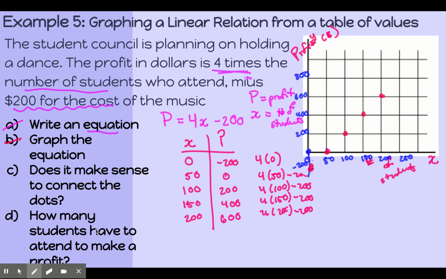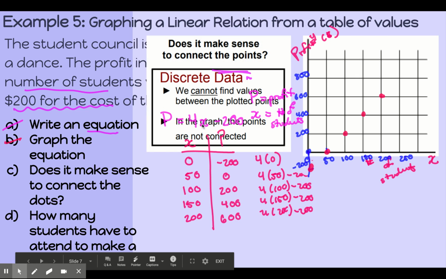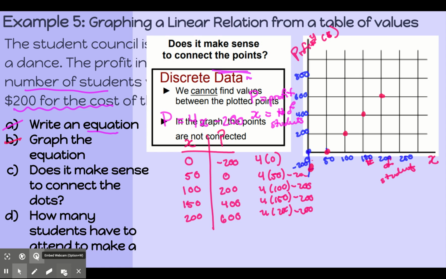Does it make sense to connect the dots? Same question as before. Does it make sense that I can have values in between these dots with what I'm working with? So the answer, hopefully, I have to erase this so you can actually read it, should be no, it doesn't.